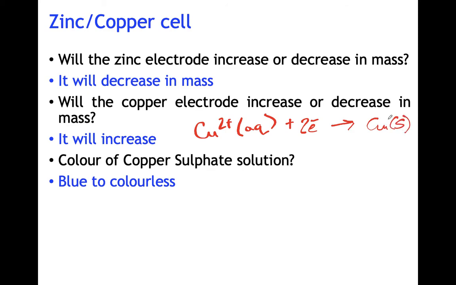Therefore, the copper electrode will increase in mass. Now, copper sulfate is a blue solution, and it is blue because the copper ion is blue in colour. As more of these copper ions are reduced to solid copper, the colour will change from blue to colourless.